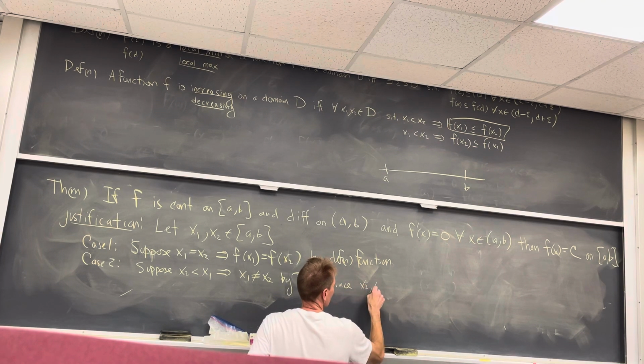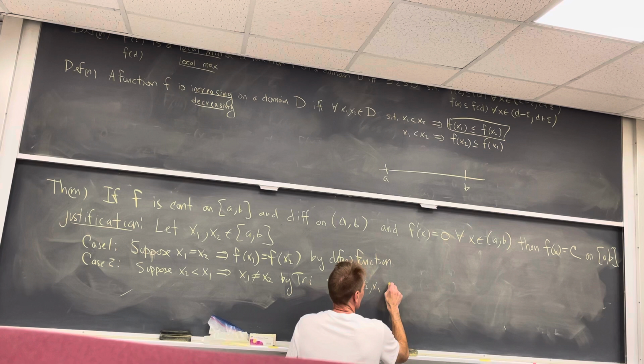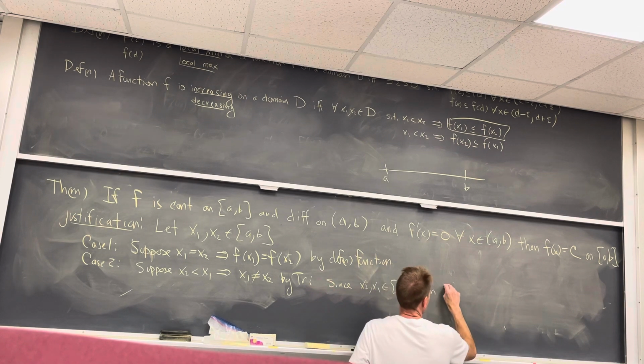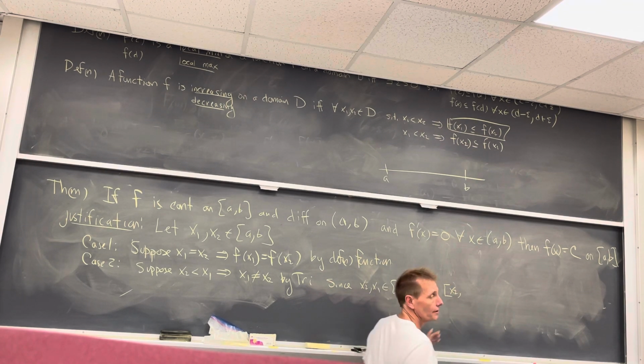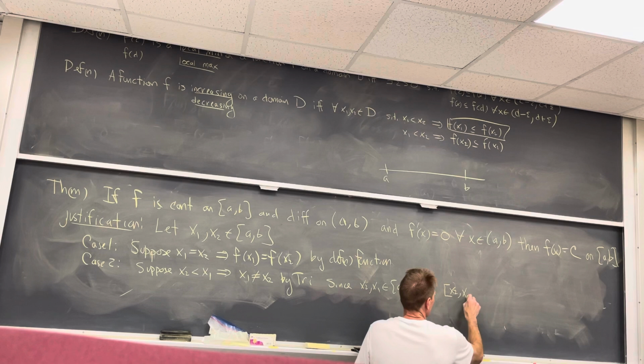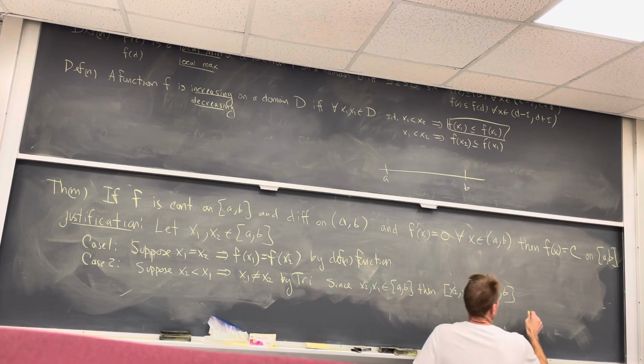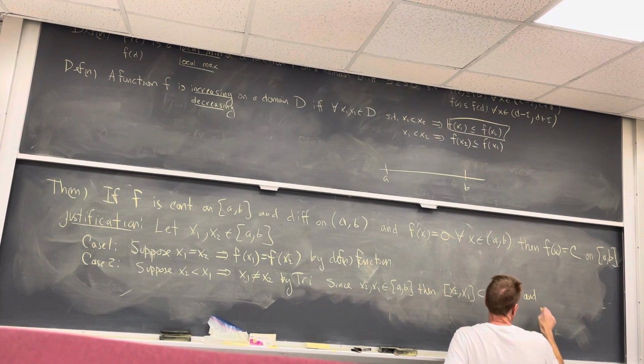Since x2 and x1 are elements of the closed interval AB, then the closed interval x2 to x1, now notice x2 is less than x1, is a subset of the closed interval AB. And here goes my big nasty long sentence again.